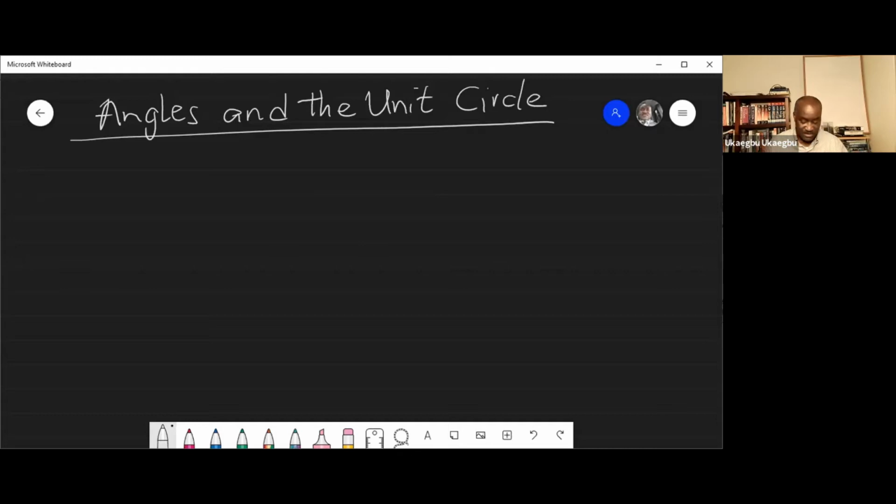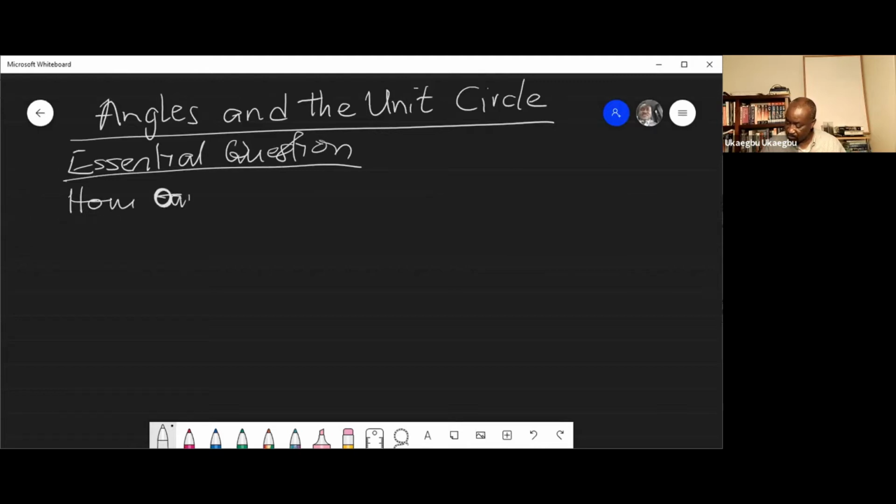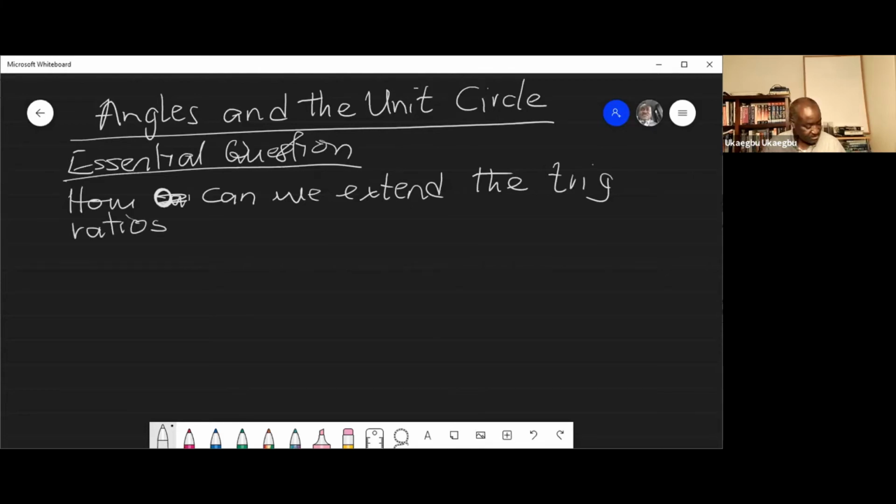Our guiding question, you can call it the essential question, is: how can we extend the trig ratios to angles greater than 90 degrees?